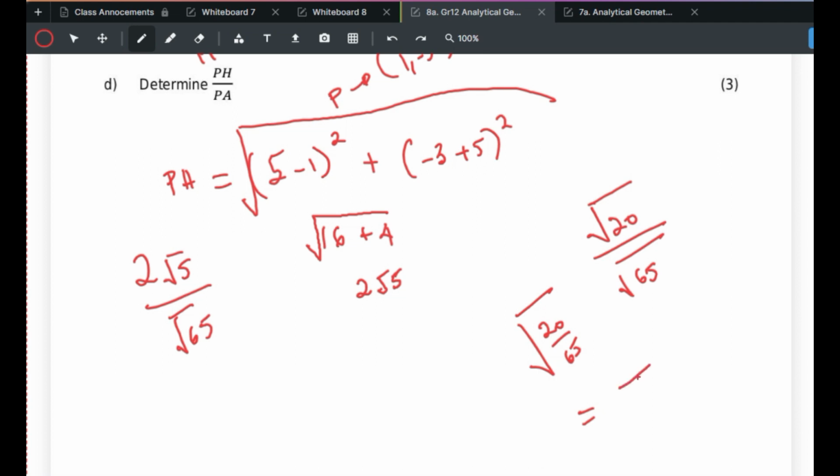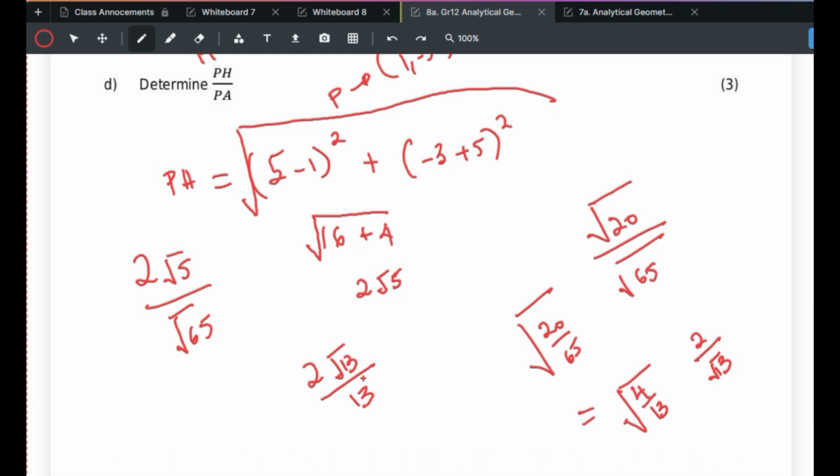So it's the root of 4 over 13. Simplifying is like saying 2 over the root of 13. Since we don't like this, we rationalize the denominator, and it's actually 2 root 13 over 13.